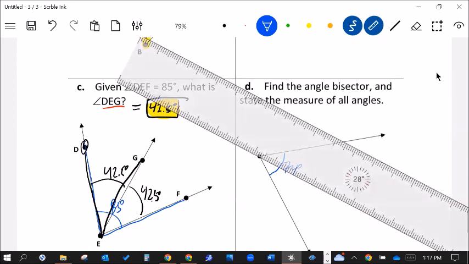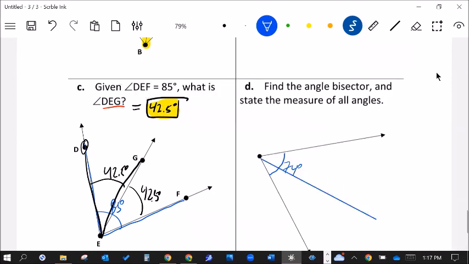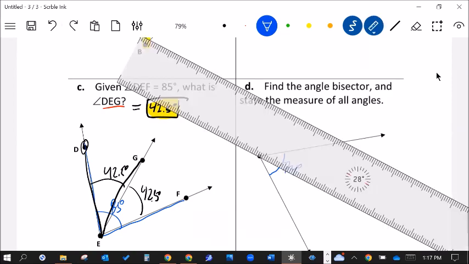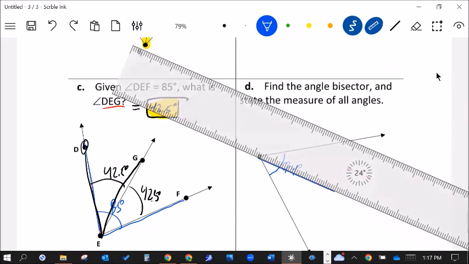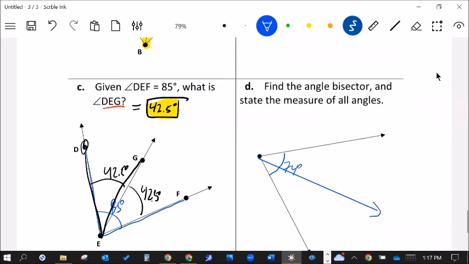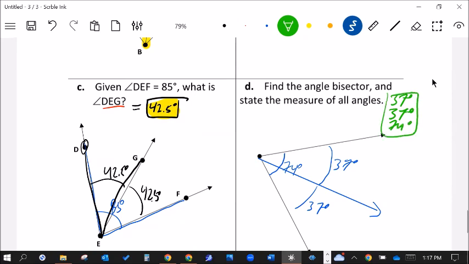If I could use the protractor right on this one, I would do it with that. But that one did not turn out as much of a middle one as I want. That one looks a little bit better here. And so half of 74 is 37 degrees. So the measure of all angles is 37 degrees, 37 degrees, and 74 degrees.